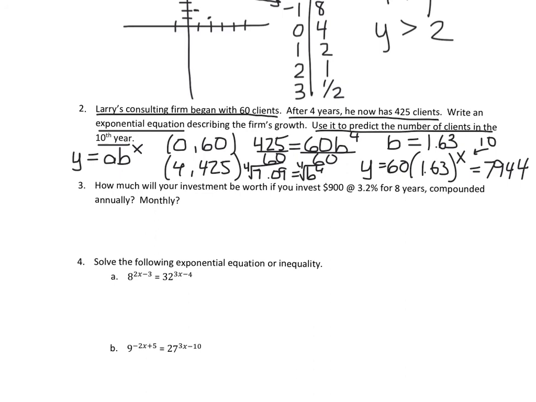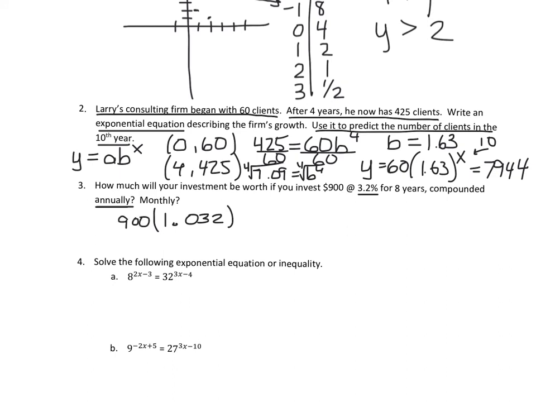Next problem, investing money. So you're investing $900 at 3.2% for 8 years. If you're compounding this annually, which is once a year, we're going to take that interest rate, change it to a decimal. I'm going to add 1 to it. Multiply this by 900.